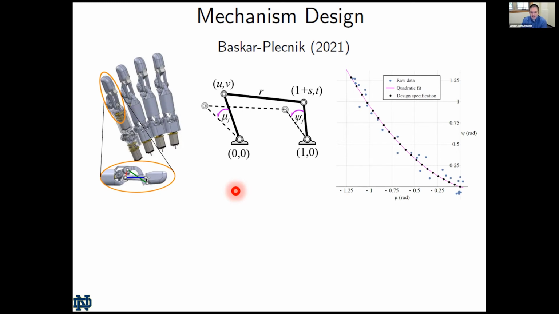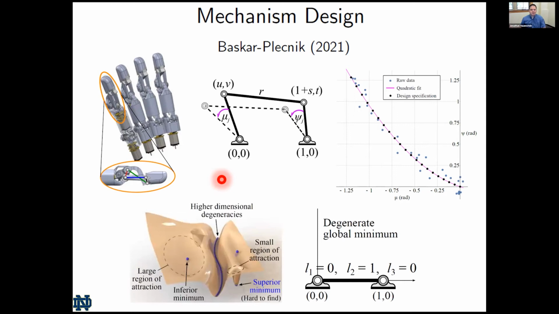So what my colleagues Ervin and Mark did is they took a picture of their finger moving, and they got this raw data points, and then they did a quadratic fit. And so what we want to do now is we want to design a linkage that can best fit along this curve. So we can design a finger link.